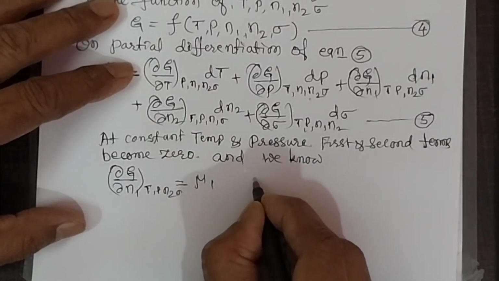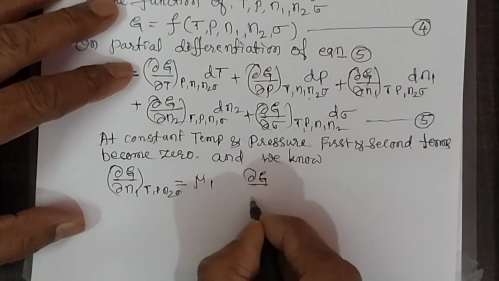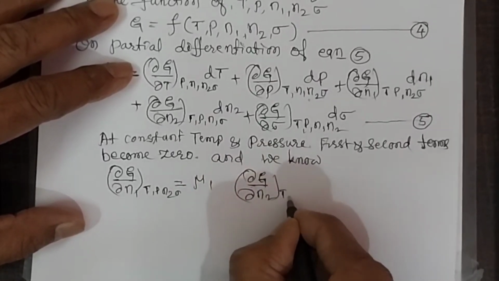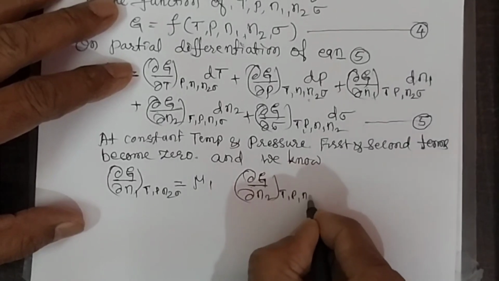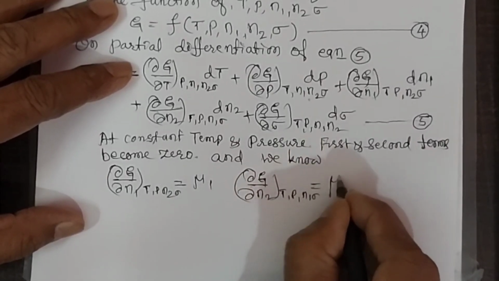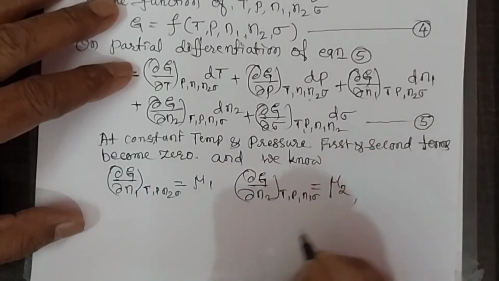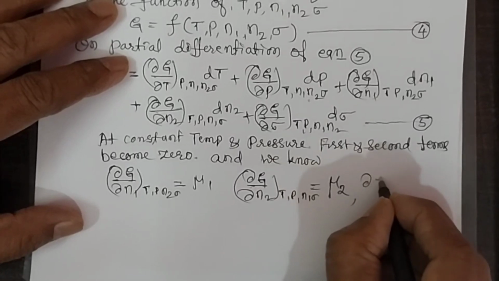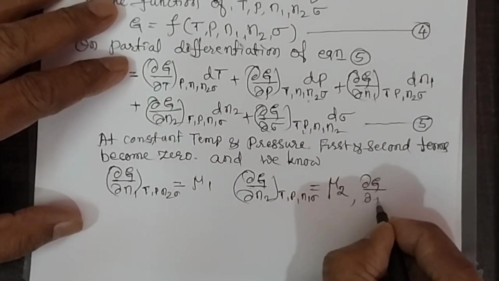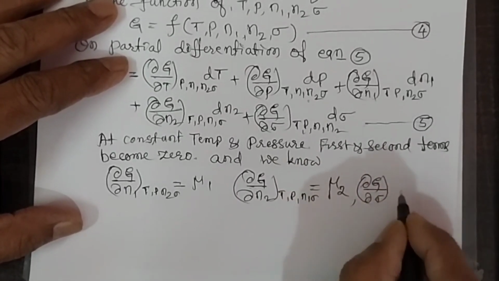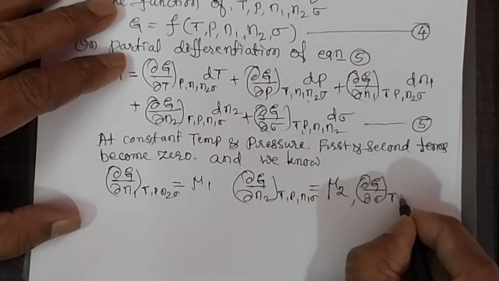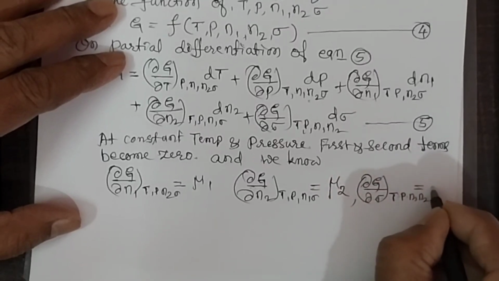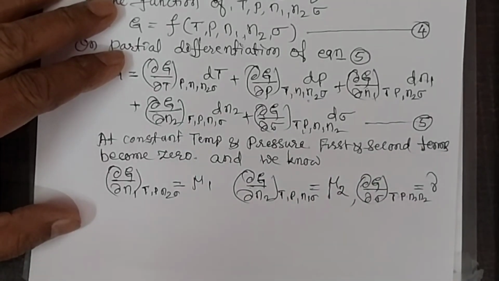Dou G by dou n2 at constant temperature, pressure, n1 and rho is equal to mu2, and dou G by dou rho at constant temperature, pressure, n1, n2 is nothing but the surface tension gamma.